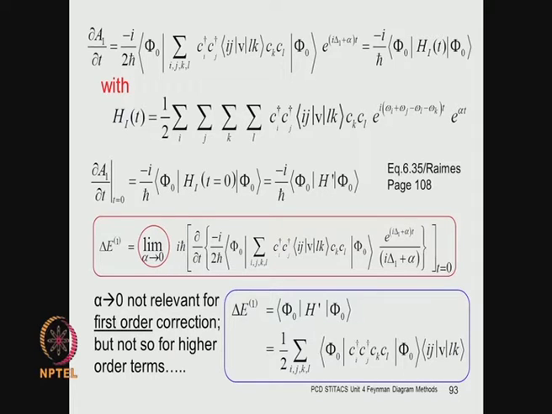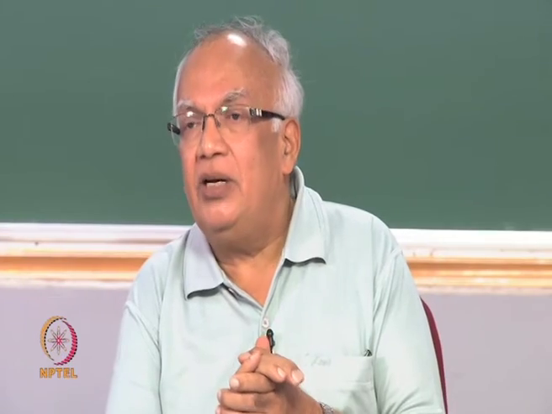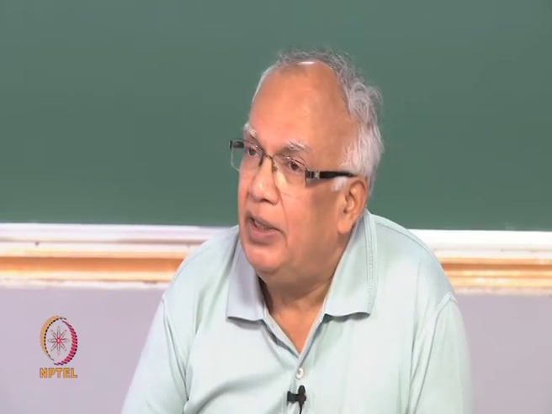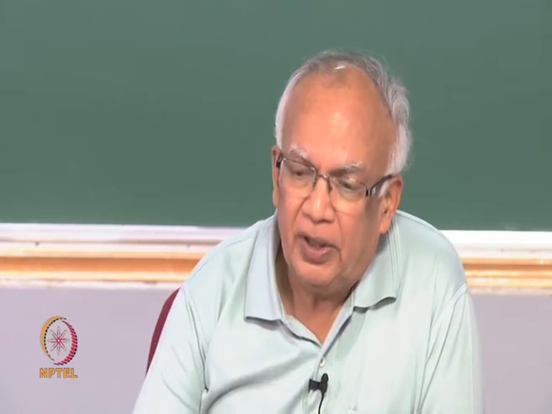Okay, when you take the time derivative with respect to time, then alpha really does not matter, and in the first order correction the mathematical artificial device that you had inserted, alpha, really does not matter, but that is not the case when you work with higher order terms, and in higher order terms you do have to keep track of these terms very carefully.